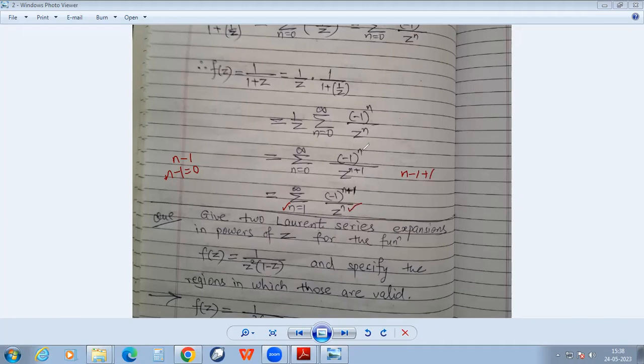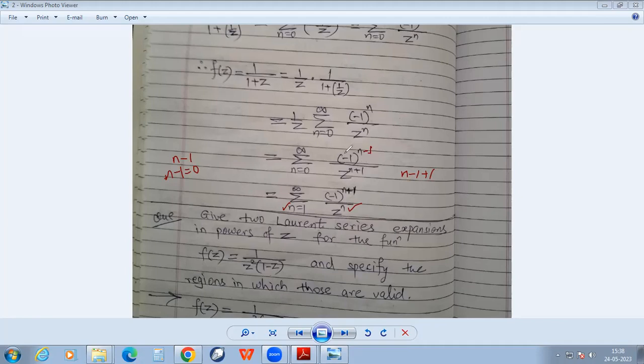Are you following me? And this n should be written as n minus 1. I hope you agree. Yes, ma'am. So if you call it n minus 1 or n plus 1, it still works the same way, because there is a difference of 2 between minus 1 and plus 1.